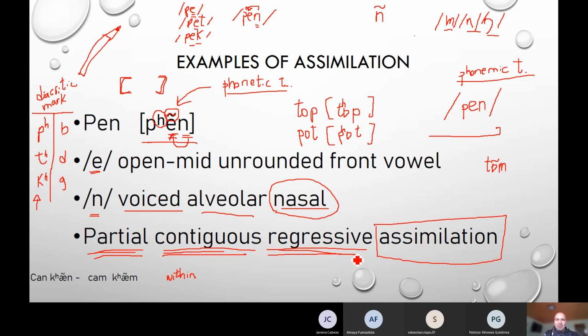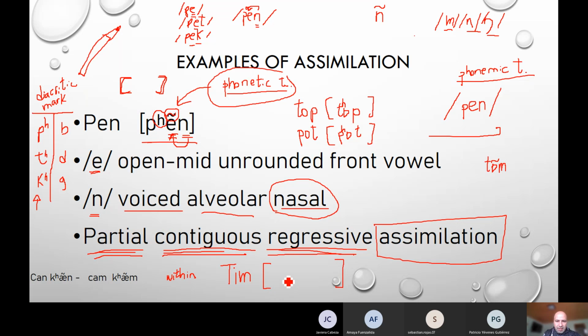Okay, so, for example, the name Tim. If we use phonetic transcription, remember, the one that provides more information, we are going to use brackets first.